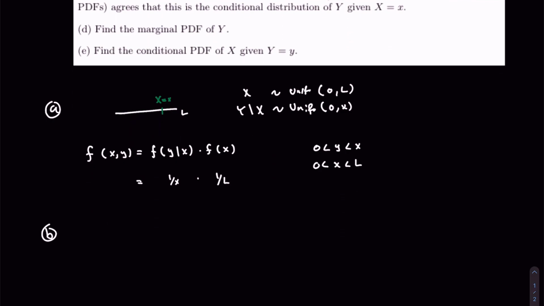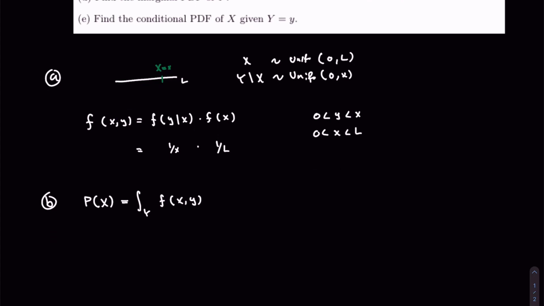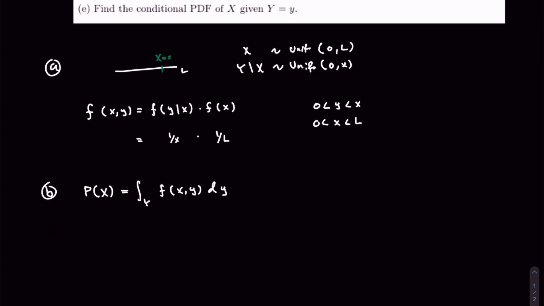Now we are asked to integrate out y from the joint of x and y with respect to y, and check what this yields.